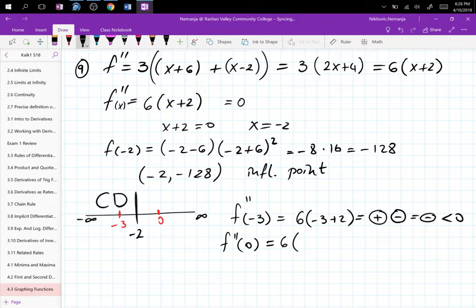And then 6 times 0 plus 2, which is positive times positive. It's positive, so concave up. And I'm going to leave the rest; there's nothing else I need to compute. I can just pick all the values that I have and then go from there.